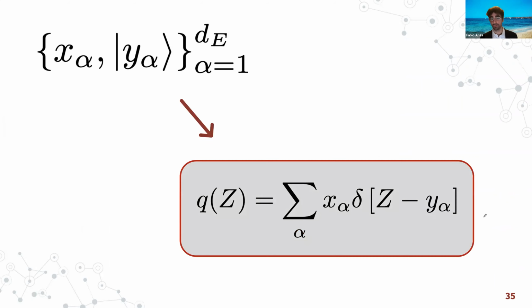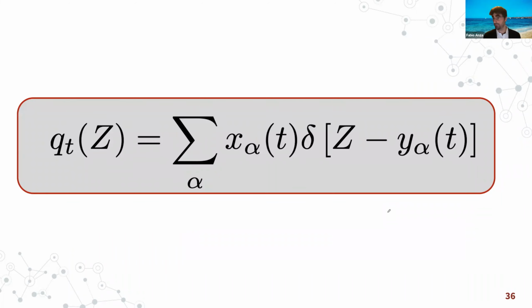This is the way you describe the ensemble: with probability X alpha, the system is in the state described by the ket Y alpha. You can say this by putting a probability measure on the complex projective space, a convex sum of Dirac deltas, where Y alpha is the vector in complex projective space, and Z is just the coordinate spanning the full space.